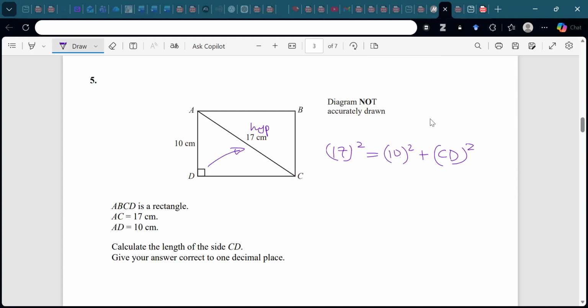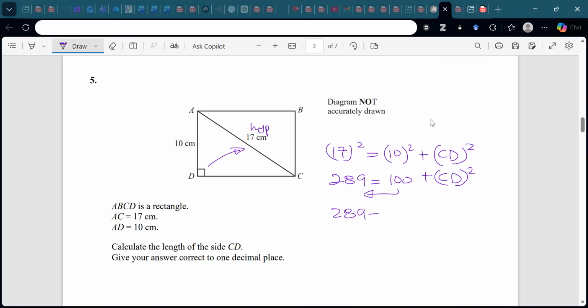It's not like there is a number on it that we need to use. It's just a means of using a different shape. So 289 is equal to 100 plus CD squared.